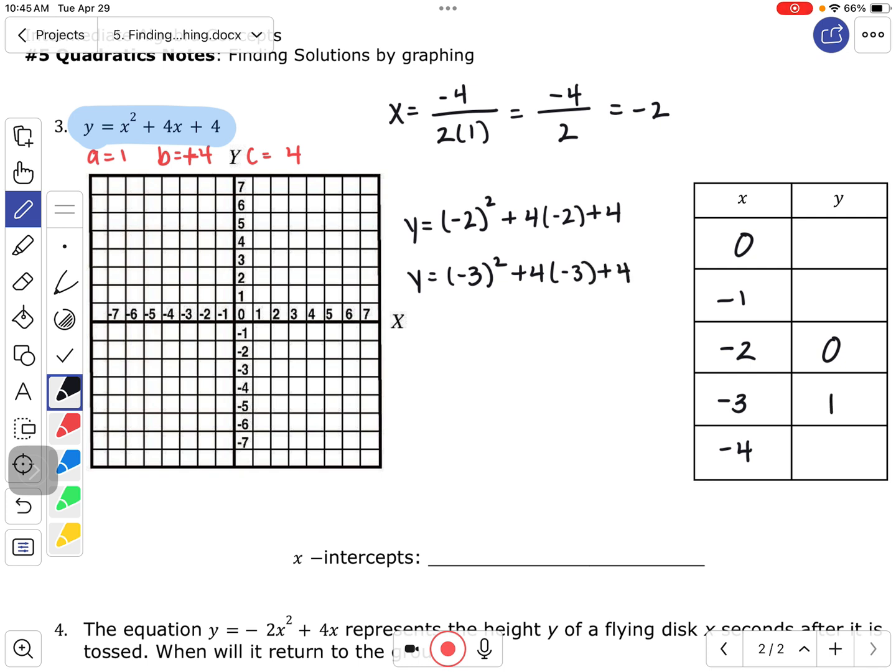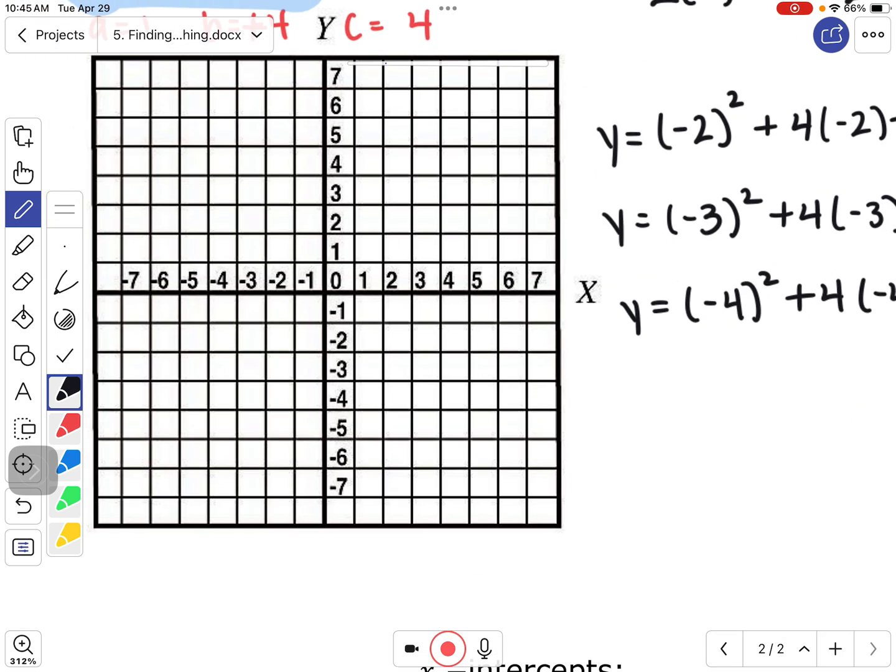And then I get a 1, so I'm going to put 1 in both my spots. And now I'm going to try it with a -4. So y equals (-4) squared plus 4 times (-4) plus 4. Holy, that's a lot of 4s. If I put all that in my calculator, I'm going to get a 4. Okay, so now let's go ahead and graph it.